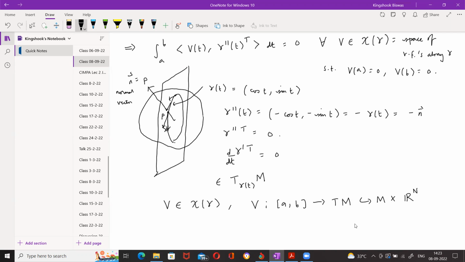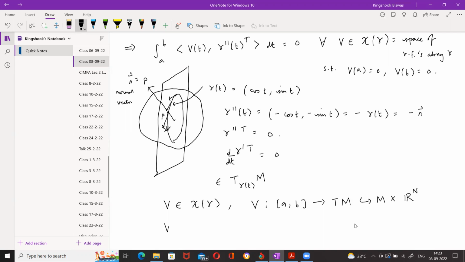Because all of the tangent spaces are identified with subspaces of Rn. So this tangent bundle I can identify as a subspace of this product. Is this clear? And so my vector field, if I look at its second component, that takes values in Rn, so that I can differentiate, right?